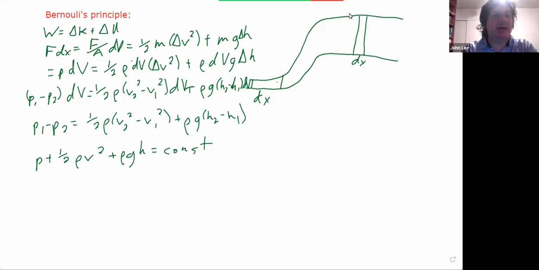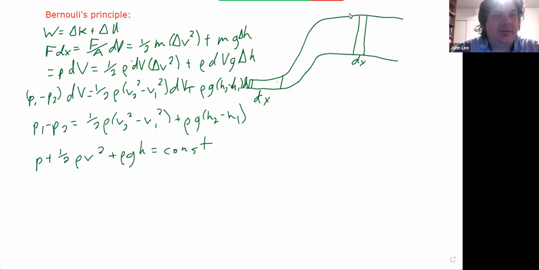So P times dV is going to be equal to 1/2 M divided by V dV times delta V squared plus rho dV g delta H, because that's again M divided by V times V. When you follow the algebra, you find that P1 minus P2 times dV equals everything on the right side.